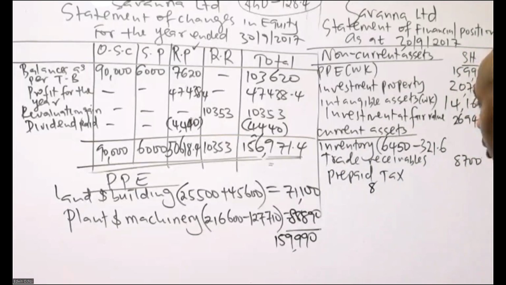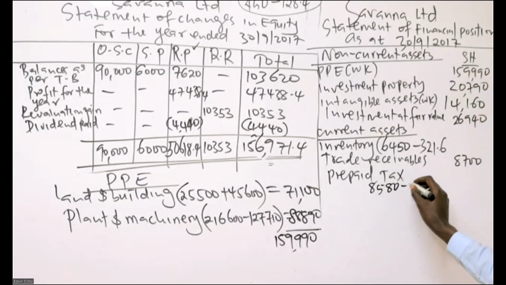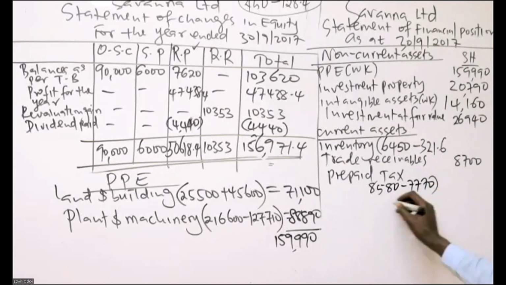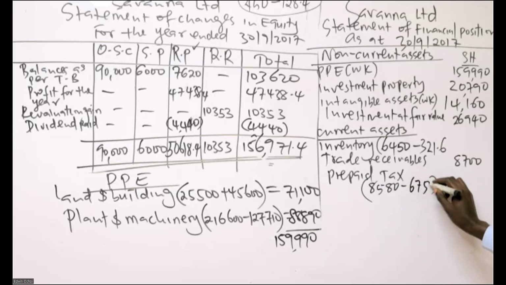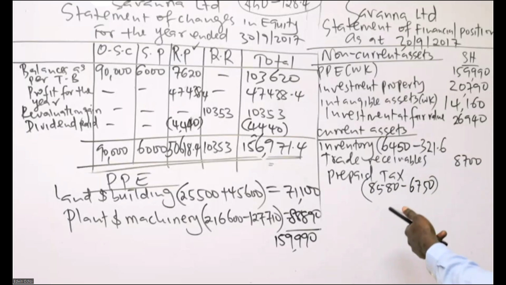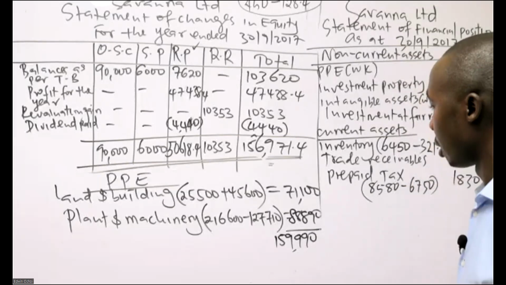Our income tax was 85.80 minus 77.70. So they prepaid a tax of 1,830. The current tax was 67. Prepayment was, you remember how we did this, so I don't have to. The prepayment was within that, yeah, 1,830.